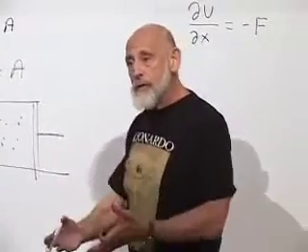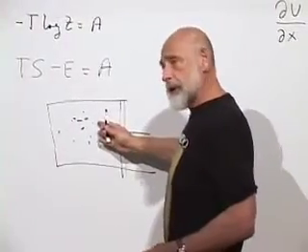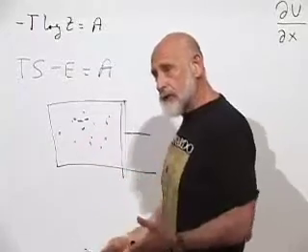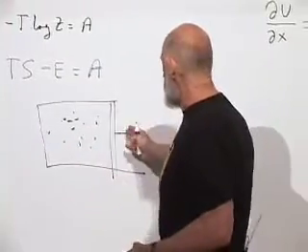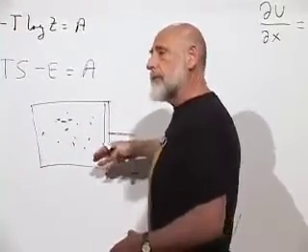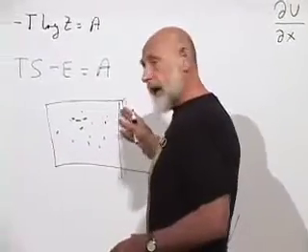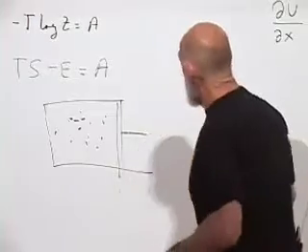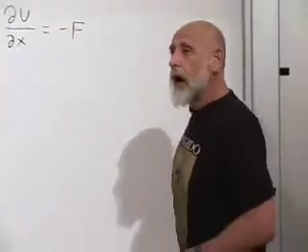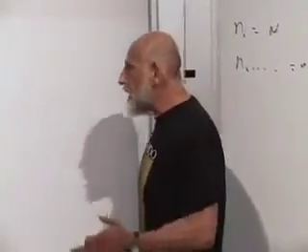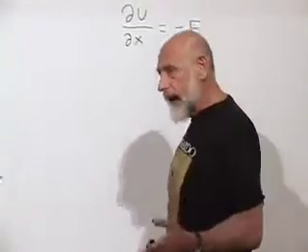It's also minus the work done by the piston on the gas. Energy conservation tells us that the work done on the piston by the gas is the same as the, with a minus sign, the work done by the gas on the piston. So we'll focus on the work done by the piston on the gas.